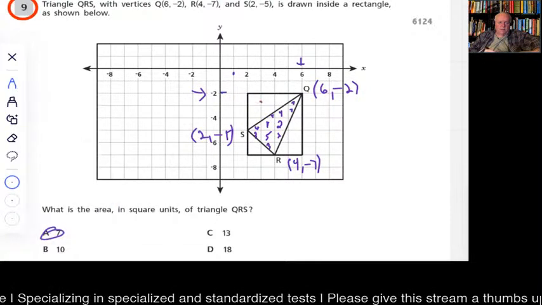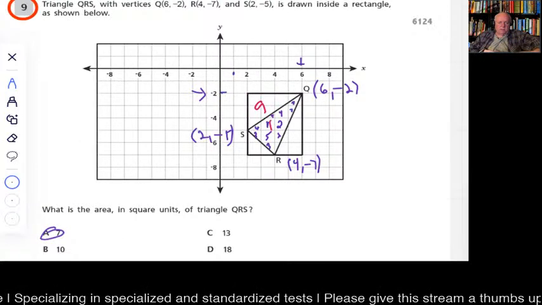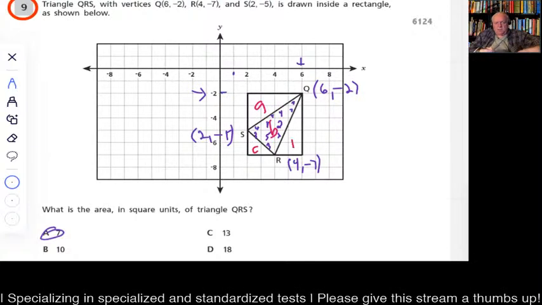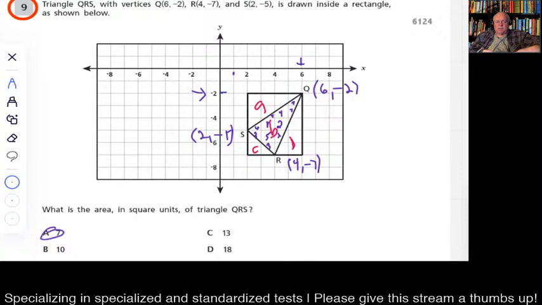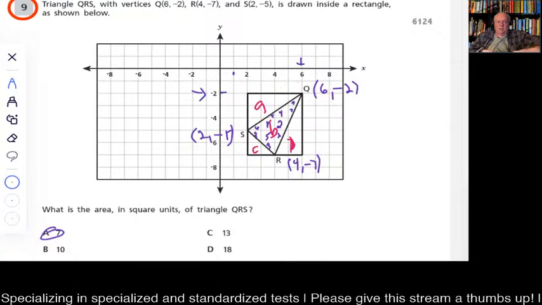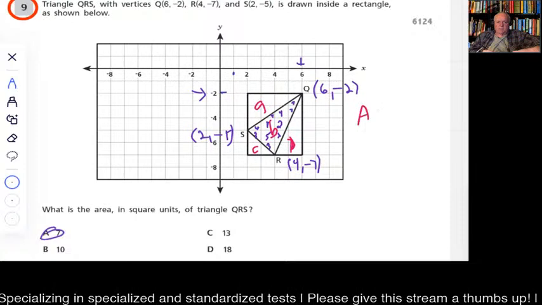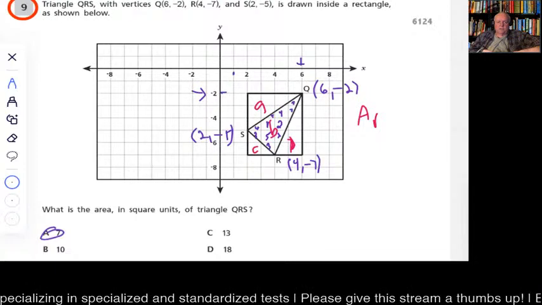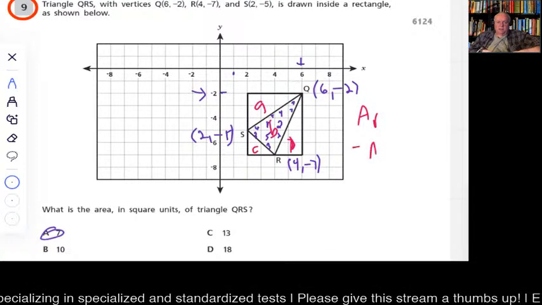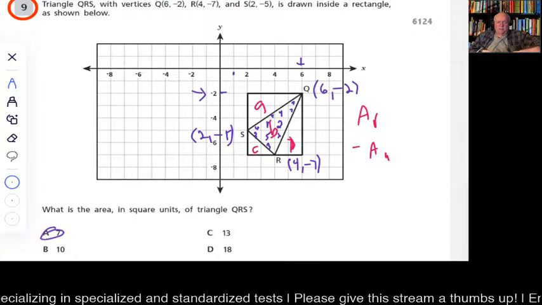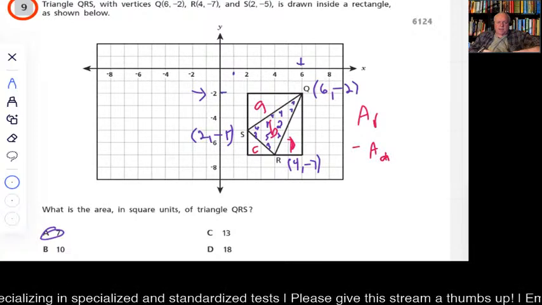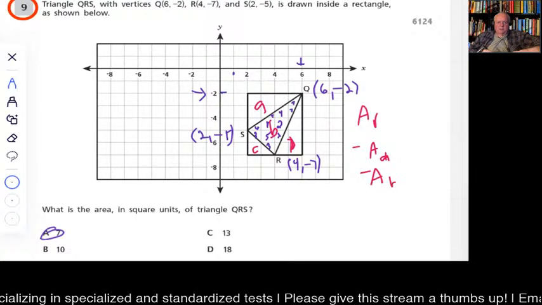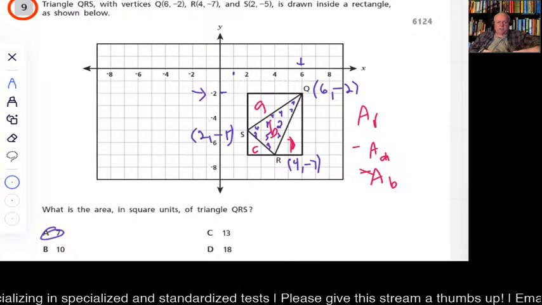If this was A, this was B, this was C, and this is D, it means these 4 shapes make up the rectangle. So if we get the area of the rectangle, and we subtract from it the area of triangle A, subtract from that the area of triangle B, sorry, not B, because B is what we want.